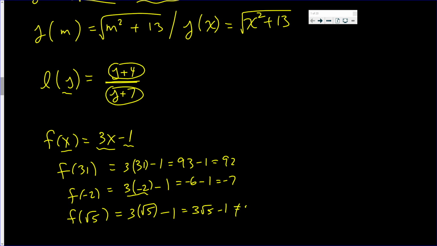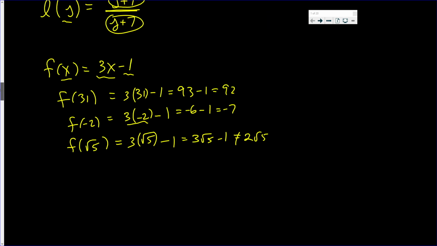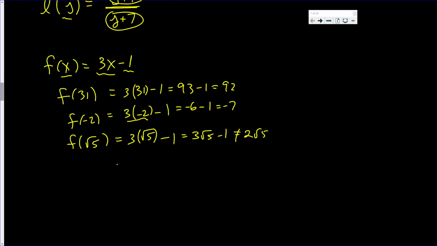This is not 2 radical 5. Why does that not make sense? What if radical 5 was a million? If you have 3 times a million, somebody gave you $1 million 3 times, and you just spent $1.